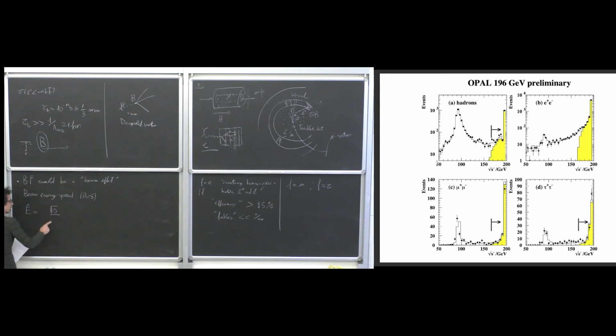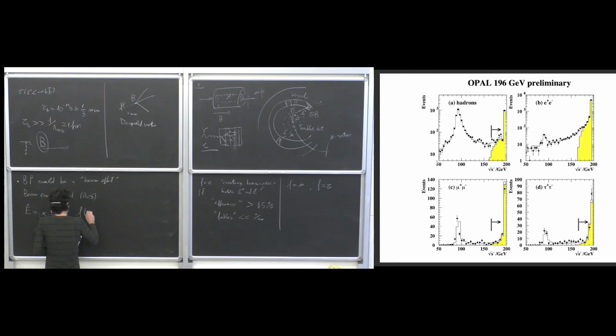Remember, this is s, so it's not square root of s over 2, but it's variable, and there is a statistical variable x that can be different from 1. So inside this beam of particles, there will be a distribution of energies corresponding to a distribution of x, around x equal to 1, that corresponds to the nominal beam energy.